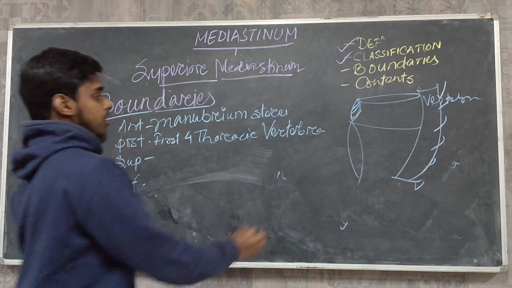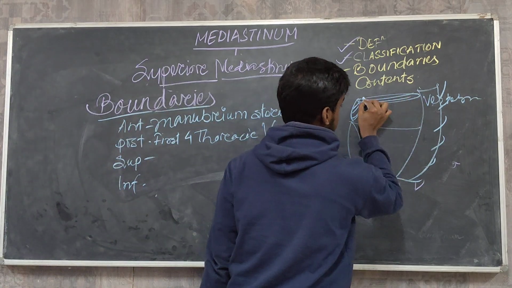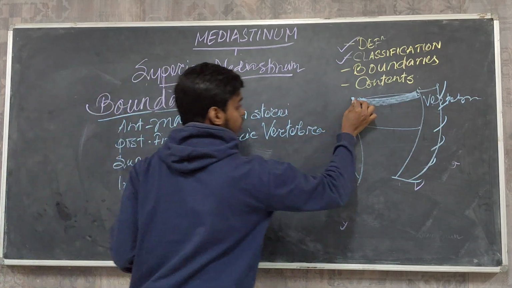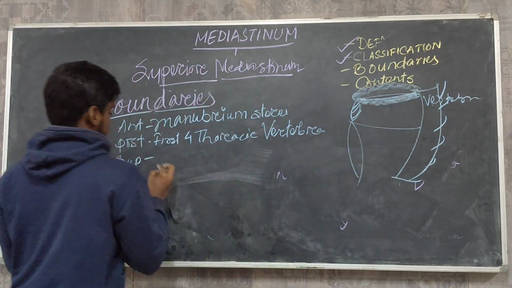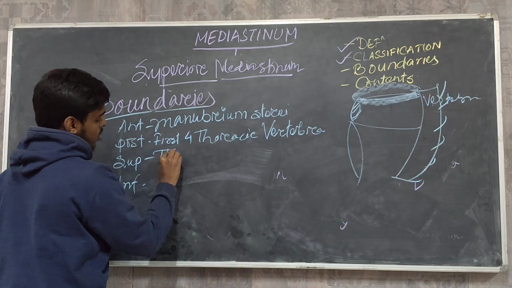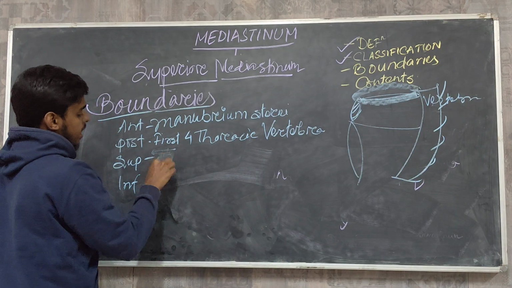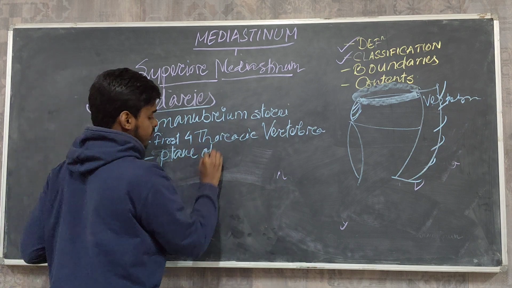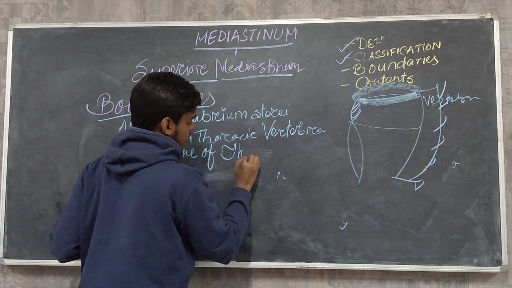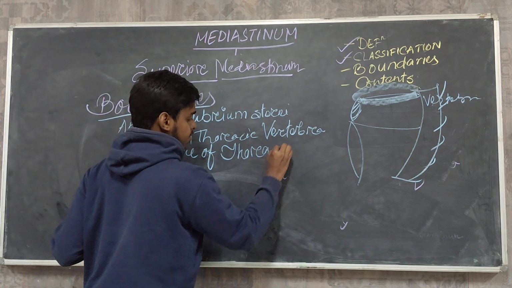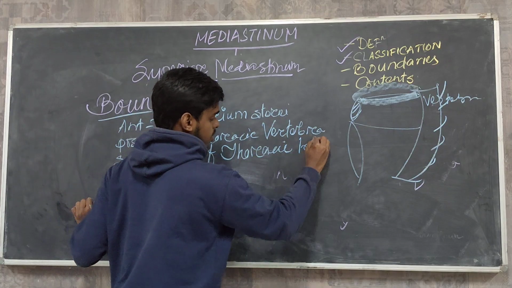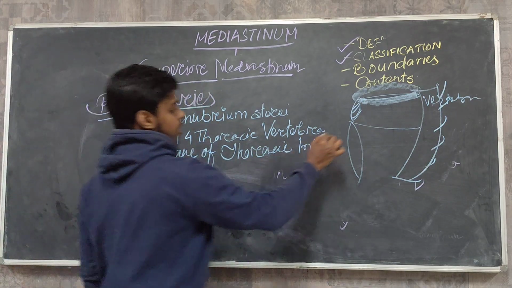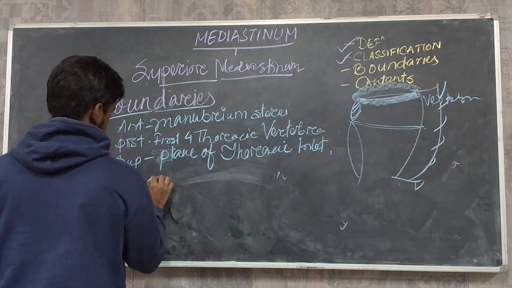And superiorly, you can see here clearly the first rib, enclosed by the thoracic inlet, or more precisely the plane of thoracic inlet. And inferiorly, the imaginary line.